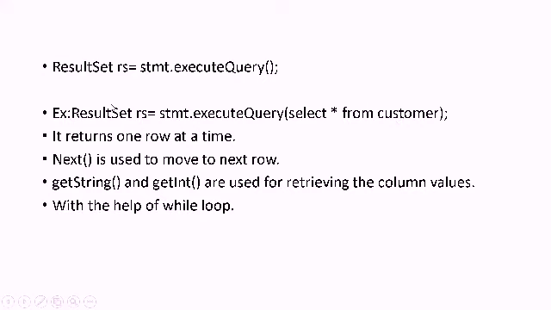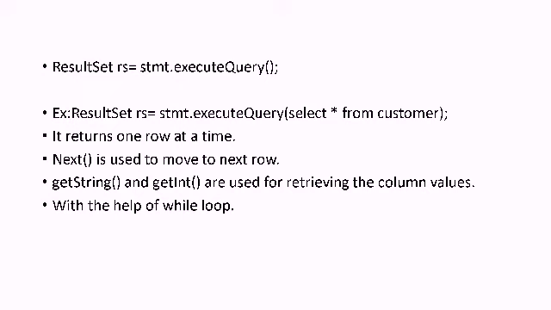Now this result set returns only one row at a time, so we will not get the full output. For that reason, we have to use the next method in order to move to the next row. If a table has 5 rows, only one row is displayed and the others are not.